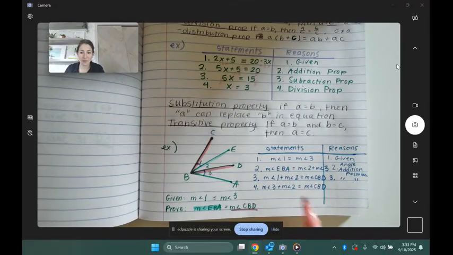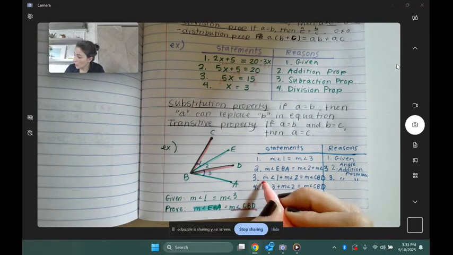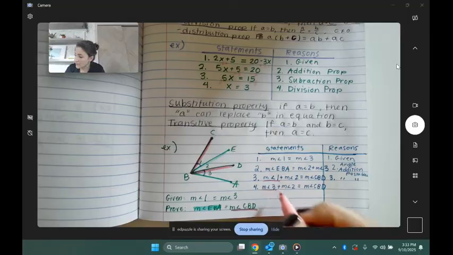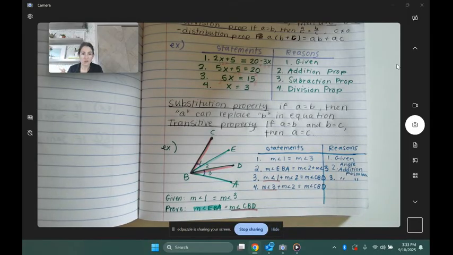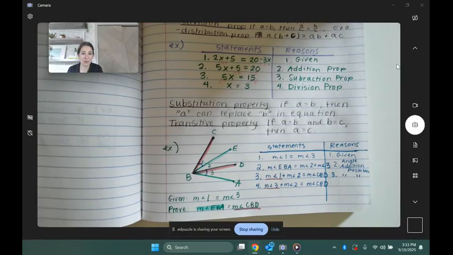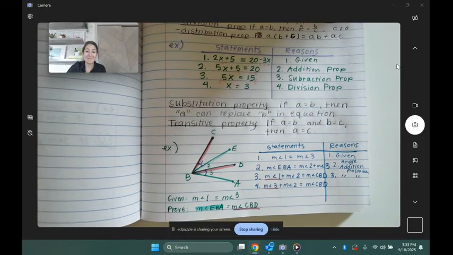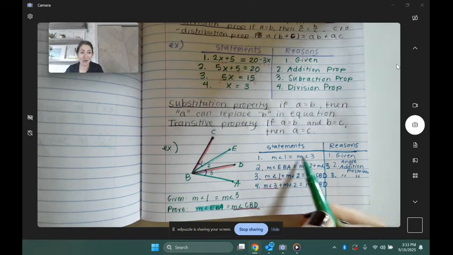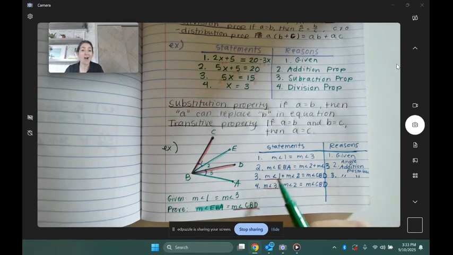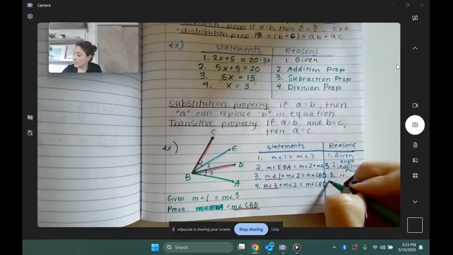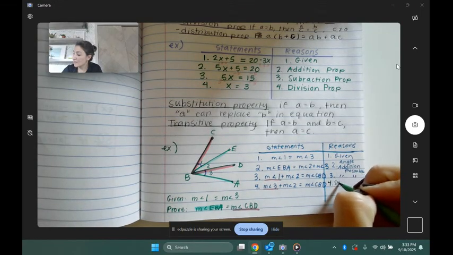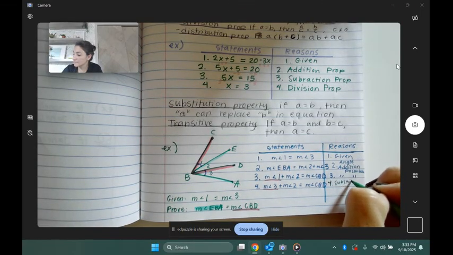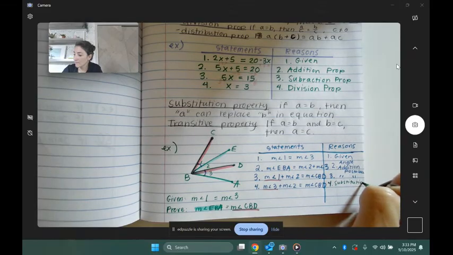So from step 3 to step 4, notice the only thing that changed was the measure of angle 1 became the measure of angle 3. Why am I allowed to do that? Because in step number 1, I said these two things are equal. So now I can replace one with the other whenever I want. That's substitution.